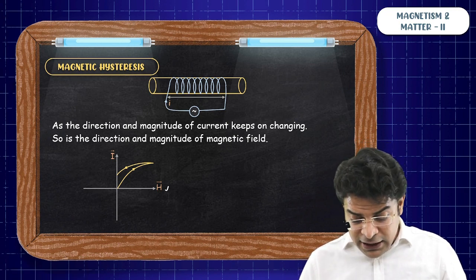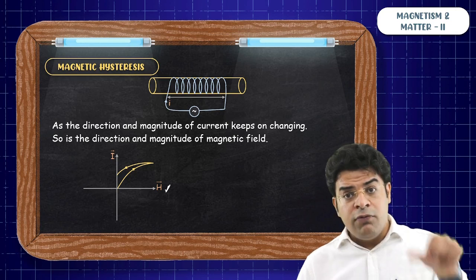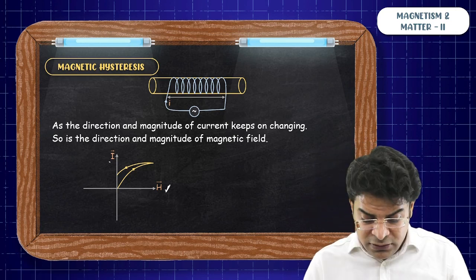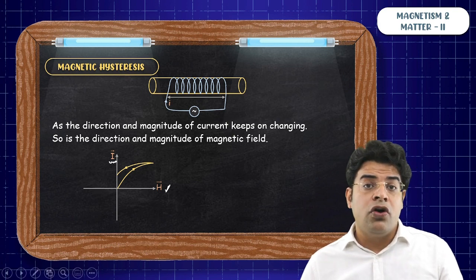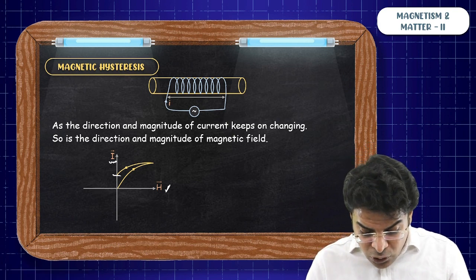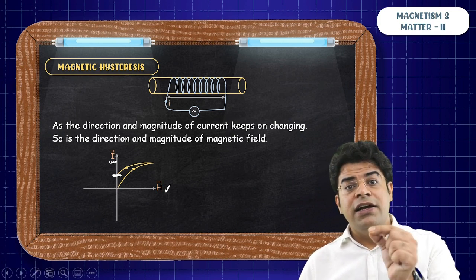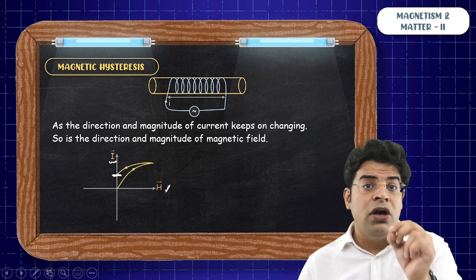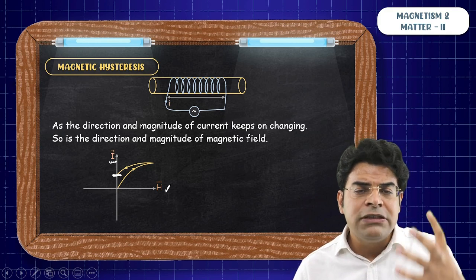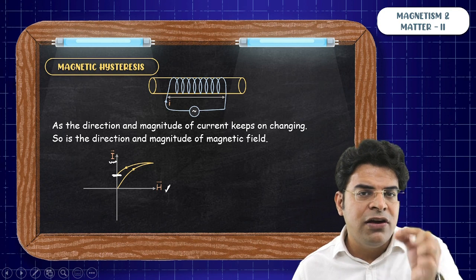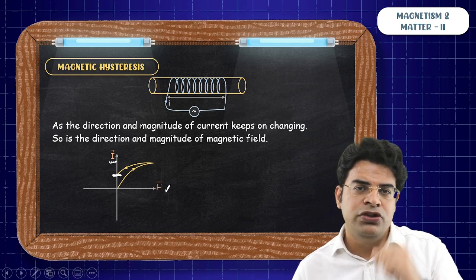Even when the magnetizing field intensity in one direction has reached maximum and then dropped to zero, the intensity of magnetization does not drop to zero. And this residual magnetization, even when the magnetizing field intensity has become zero, is called retentivity. How much magnetization the substance retains even when the external applied magnetic field has dropped to zero.